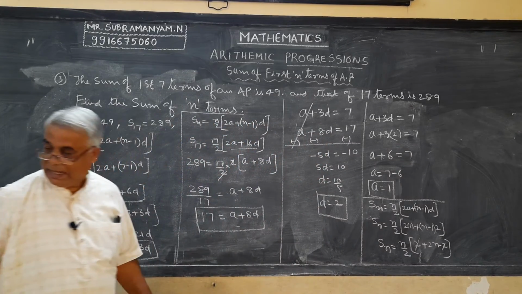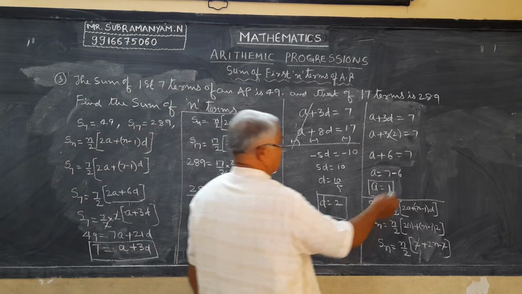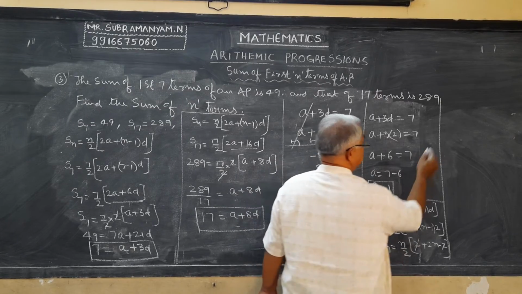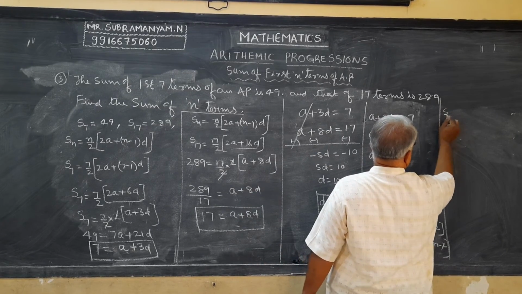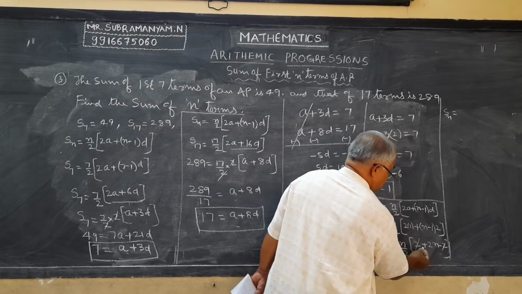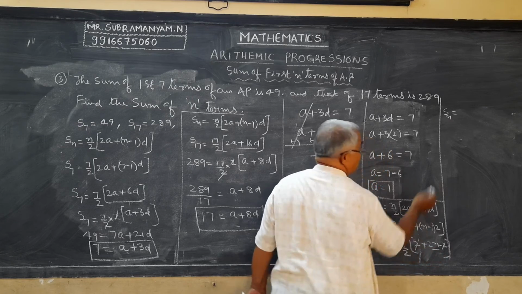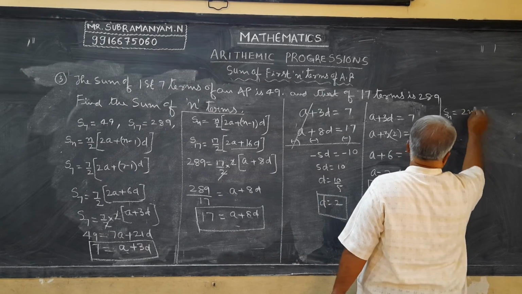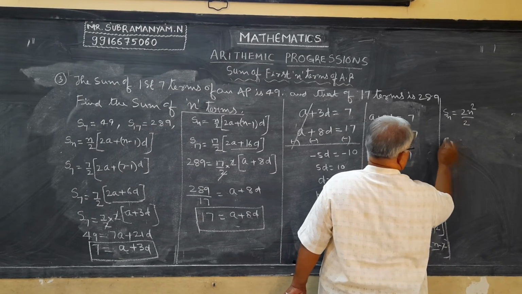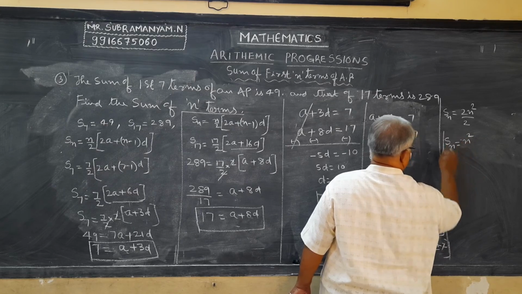Now further, Sn equal to n into 2n by 2, so 2n square by 2. So the value of Sn finally is n square.